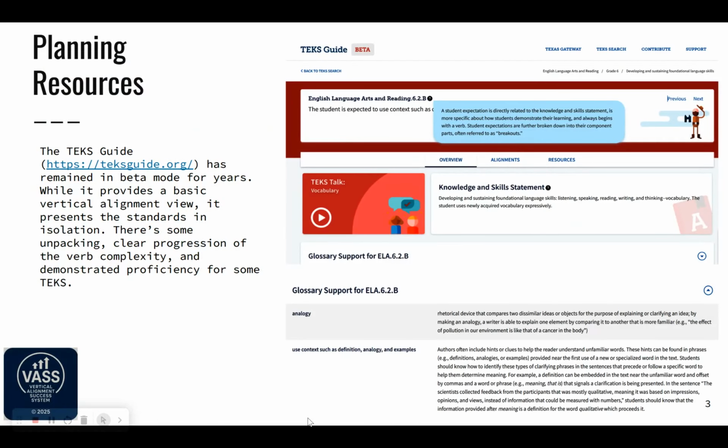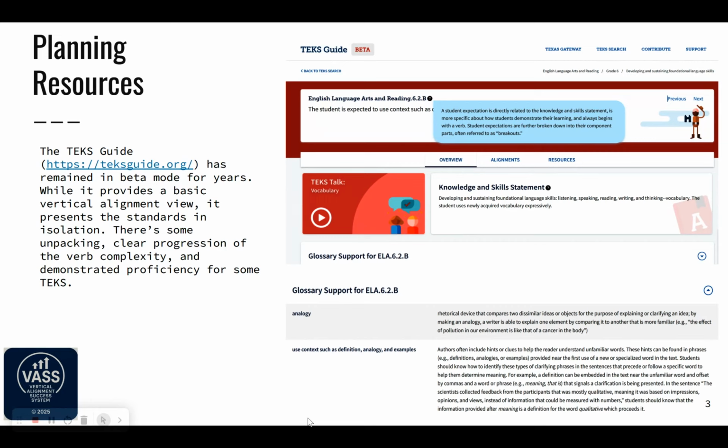When we look at our current planning resources, we have the TEKS guide, and it has remained in beta mode for several years. While it provides a vertical alignment view, it presents the standards in isolation. There is some unpacking with a clear progression of verb complexity.